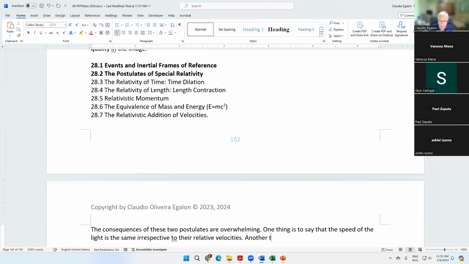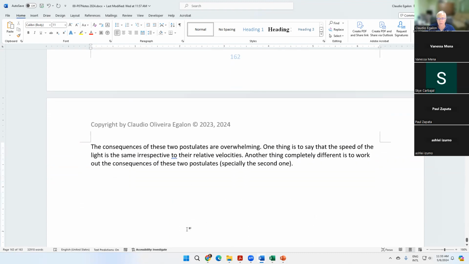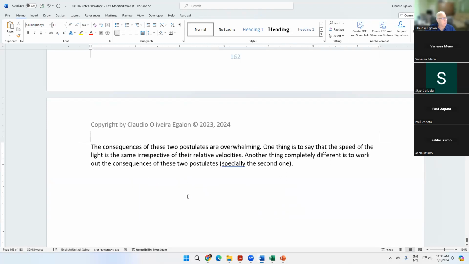Another thing, completely different, is to work out the consequences of these two postulates, especially the second one, because the first one is kind of harmless. The consequence of the second postulate is something that is difficult to believe.